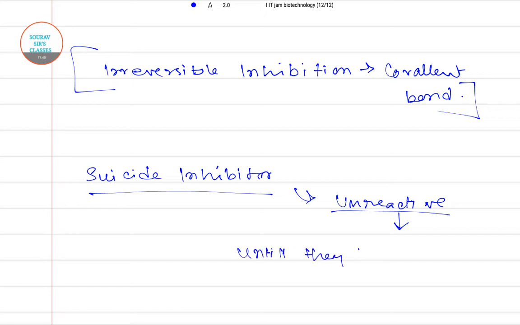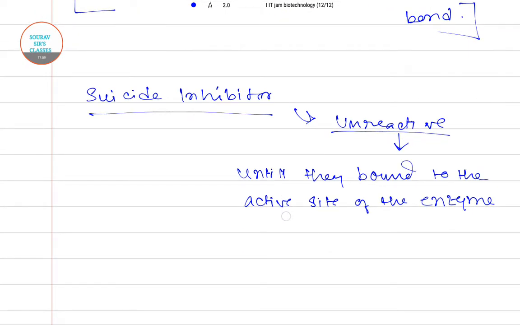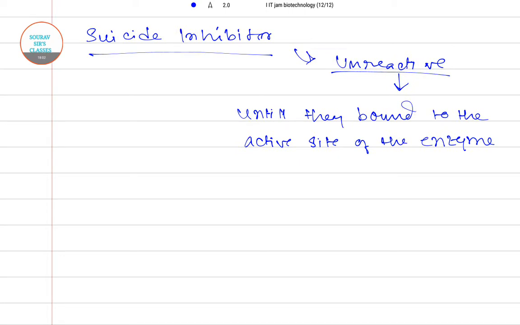Just like competitive inhibition, they also bind with the active site of the enzyme, but they are not reactive until they bind there. Now they carry out the first few chemical steps.